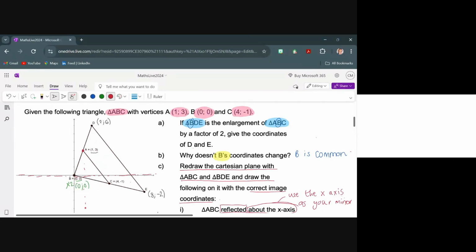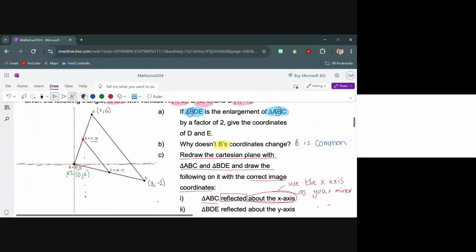So let's look at exactly what happens at this very point. My x value does not change. Why does my x value not change? Because over here my x value is on the positive side, and it stays on the positive side, so it's still going to be 1 for this point here. But what's happened to my y value? This is the positive y, and over here is the negative y axis.